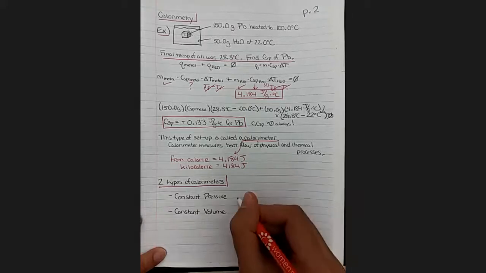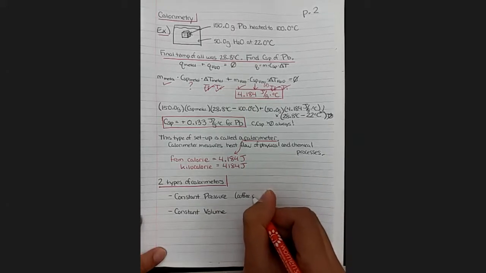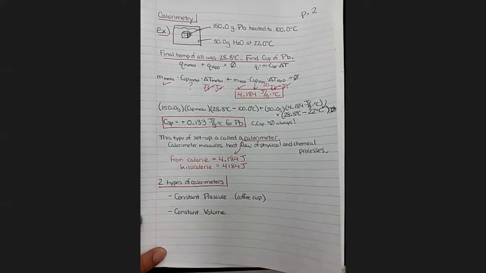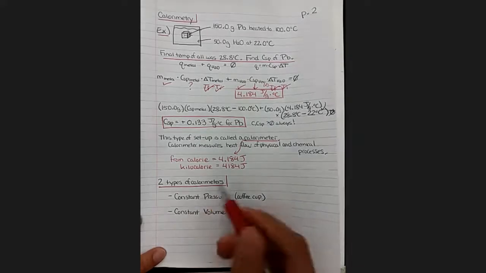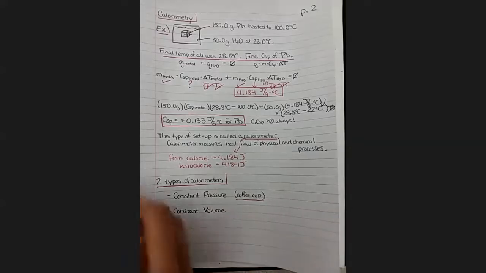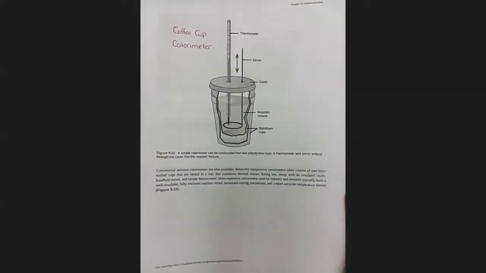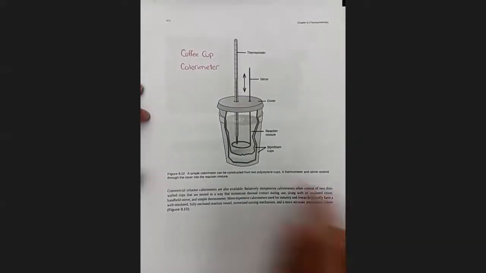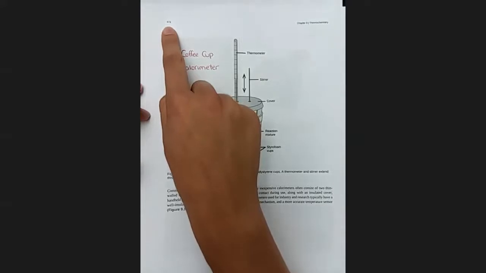So the constant pressure calorimeter is called a coffee cup calorimeter because we often make it out of styrofoam cups, 2 of them, of course, when we're in the laboratory. So here's a picture of a coffee cup calorimeter. This came from page 474 from your textbook.